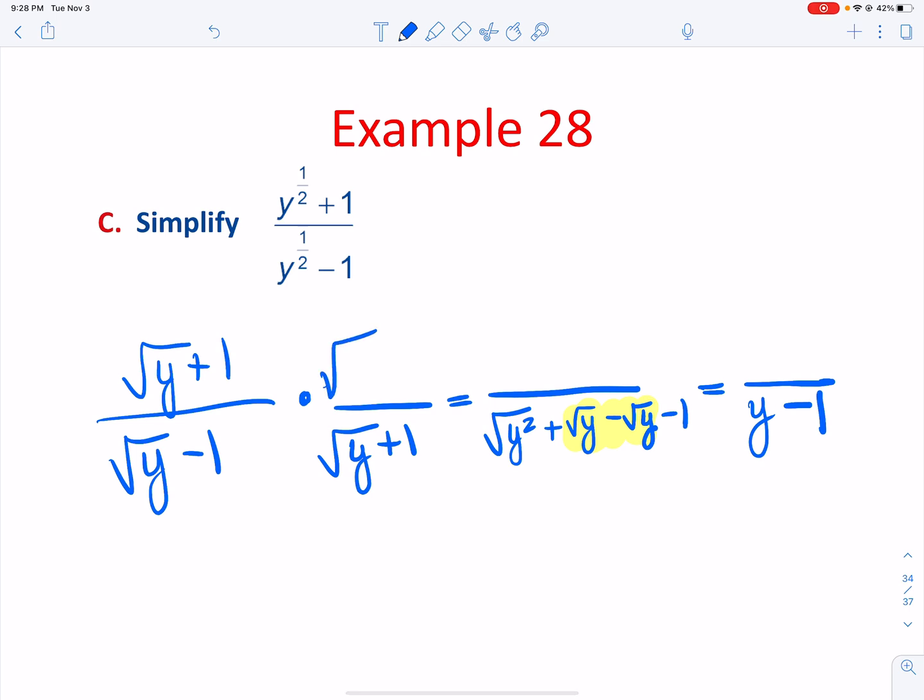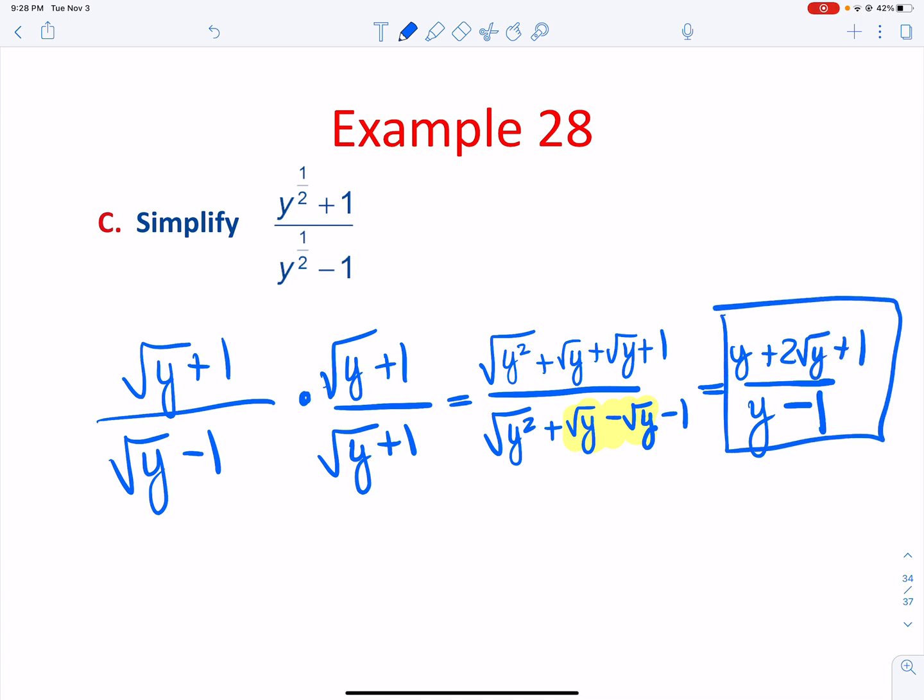Now on the top, I would do the same thing. And so this is going to be the square root of y squared plus the square root of y plus the square root of y plus 1. So wouldn't the square root of y squared would just be a plain old y? And then plus 2 root y plus 1. Now, honestly, this is going to make you really mad.